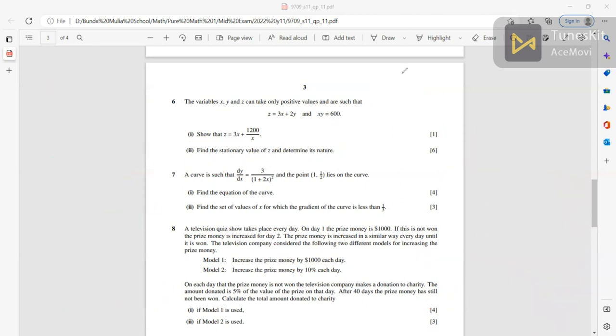For number 7, a curve is such that dy over dx, that one. So we have dy over dx. I'm changing into indices directly: 3 times 1 plus 2x to the power minus 2. So I have to integrate this.